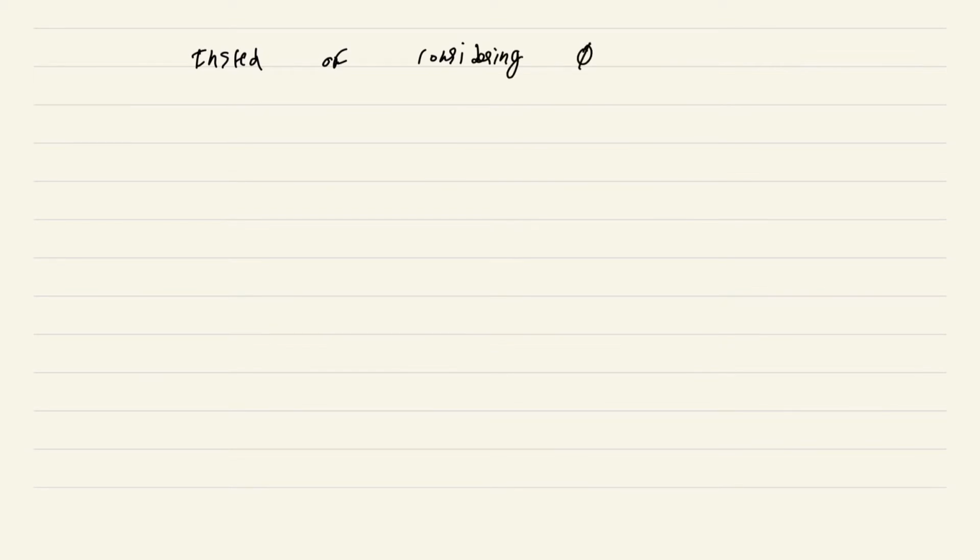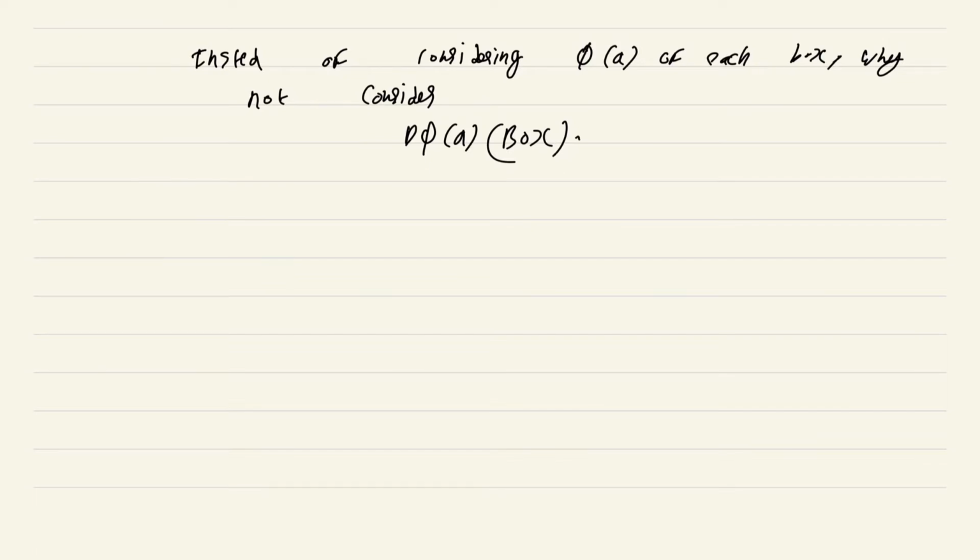So instead of considering phi A of each box, why not consider d phi A of the box? D phi A is linear, a box is nothing but a parallelepiped, so d phi A of the box would be a parallelepiped.